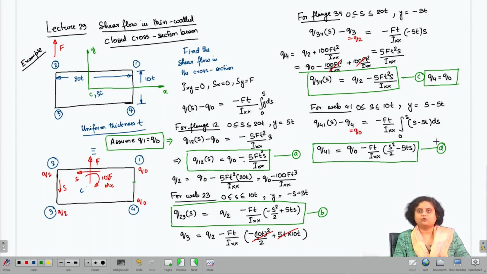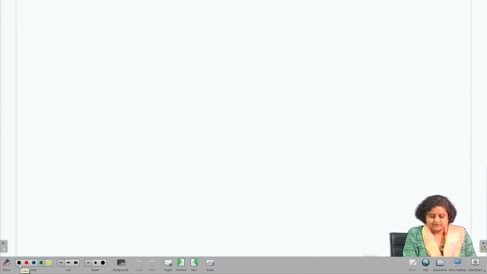Now, from these 4 equations, we have to evaluate Q0. So, now let us do the same thing.